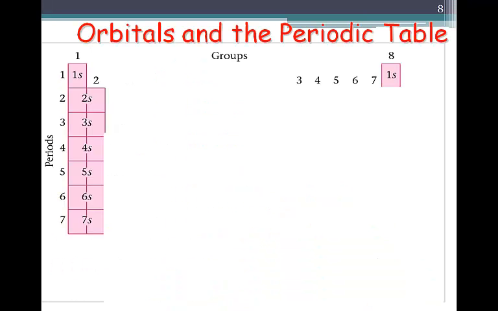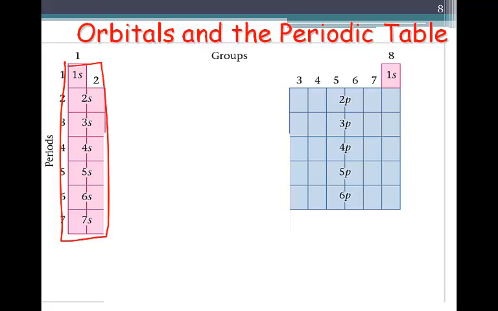Now, when we look at the periodic table, the different blocks on the periodic table refer to sublevels. So this first set of 2 elements, this first 2 columns here, are what's known as the S sublevel.